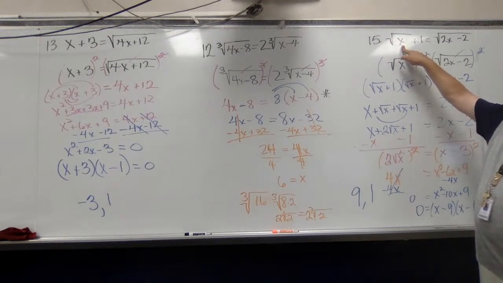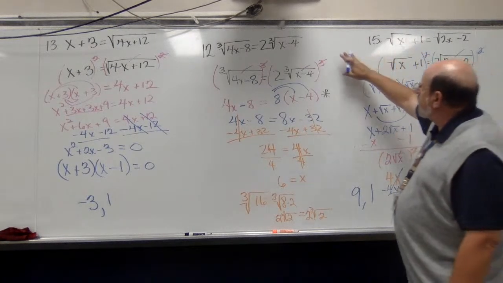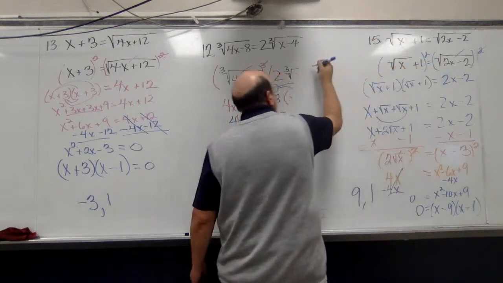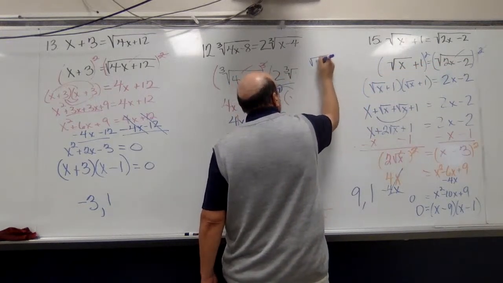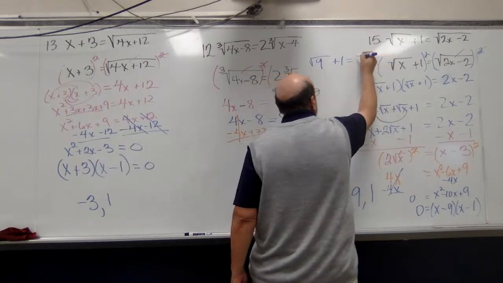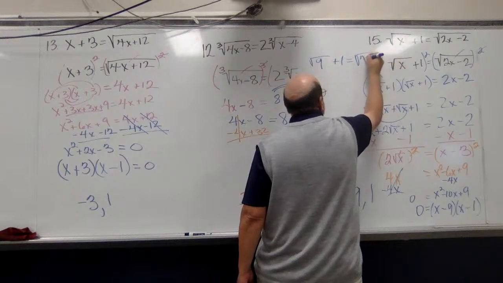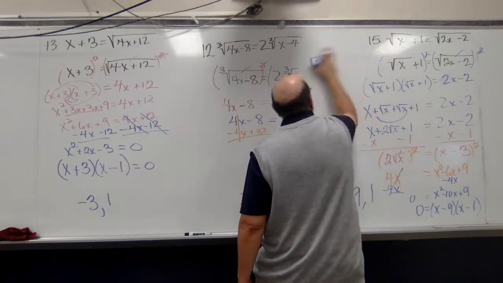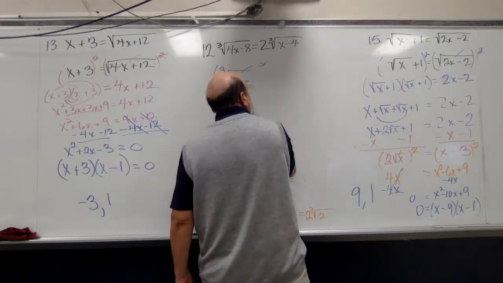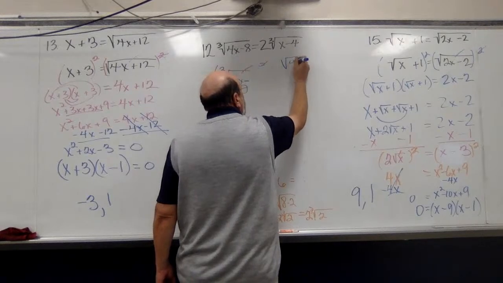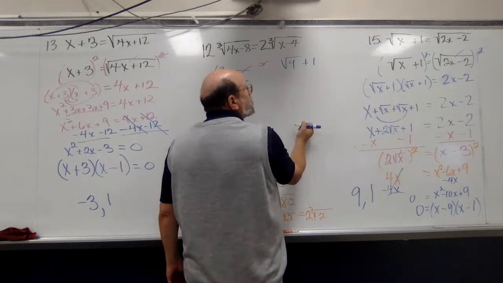The square root of 9, and I'll just create some space here, plus 1 should be equal to the square root of 2 times 9 minus 2. I need more room. Sorry, I'm going to move this over even more. This is me checking.